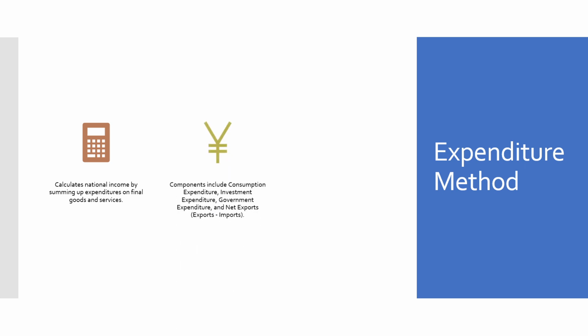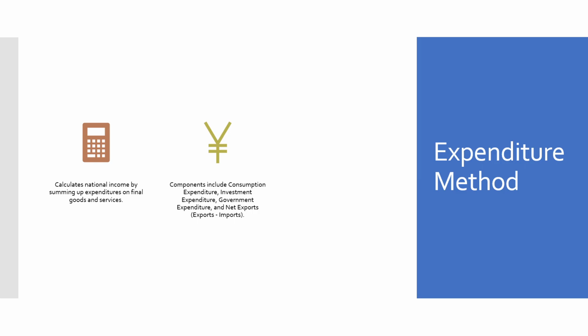The key components of the expenditure method are consumption expenditure (C). This represents the spending by households on goods and services. Investment expenditure (I). It includes spending on capital goods such as machinery, equipment, and construction. Government expenditure (G). This comprises all government spendings on goods and services.